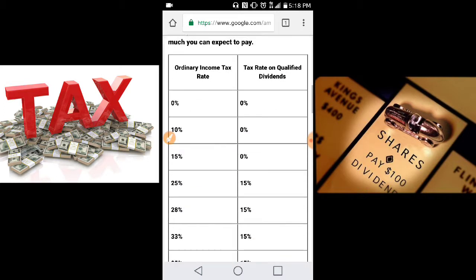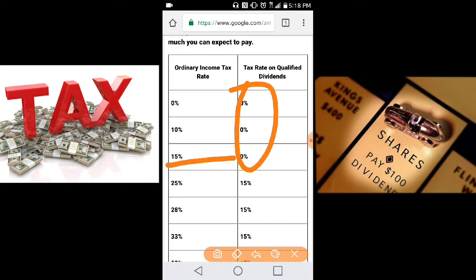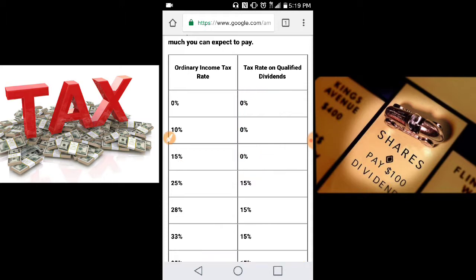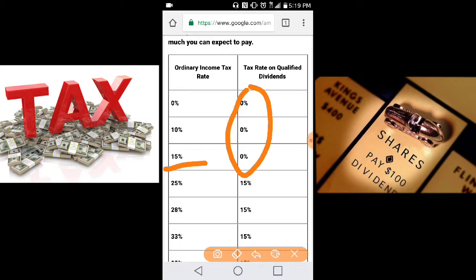So if you make 15% or less, or that's your ordinary income tax rate, you're actually not going to have to pay any taxes on your qualified dividends. So your capital gains tax is actually 0%, which means also if you hold the stock over a year and then you sell it for some profit, you're actually not going to have to pay any taxes on that gain if you make 15% or less on your tax bracket.